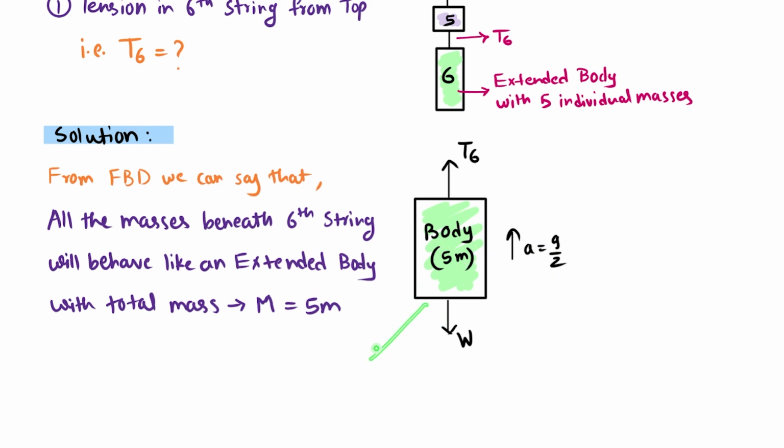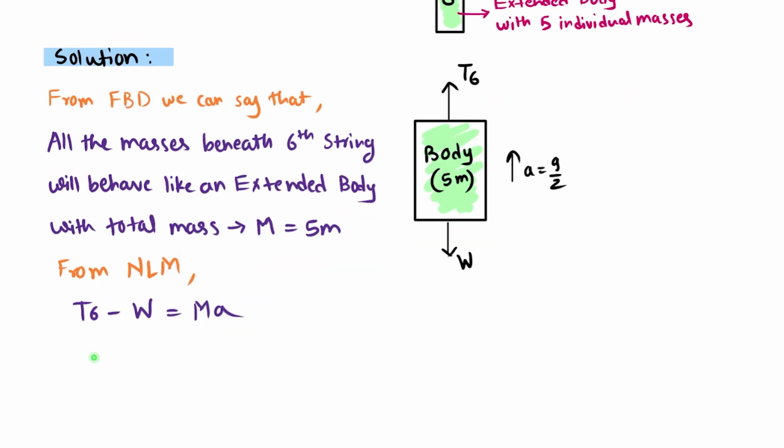Based on this FBD, if I were to write the equation, I would get T6 minus W equal to mass into acceleration. Substituting the given values, I would get T6 minus capital Mg equal to capital M into g by 2.